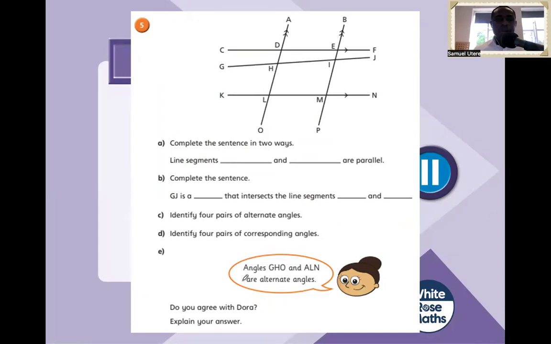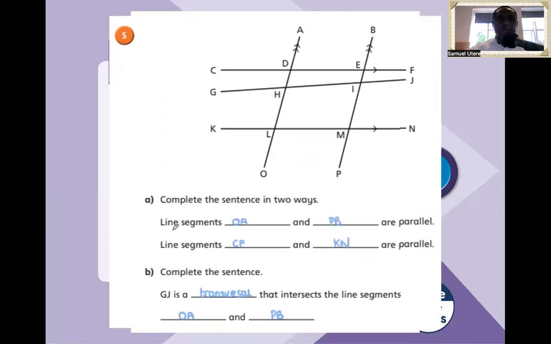Assuming you've paused the video and you've answered question 5, here are the answers. Let's discuss them. So for question 5, you were asked to complete the sentence in 2 ways. Line segments OD and PB, where is PB?